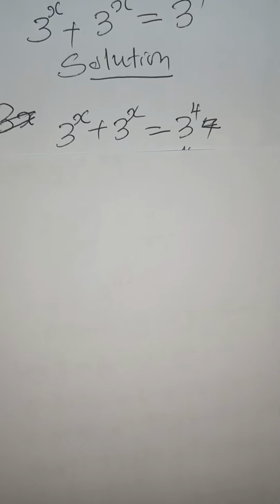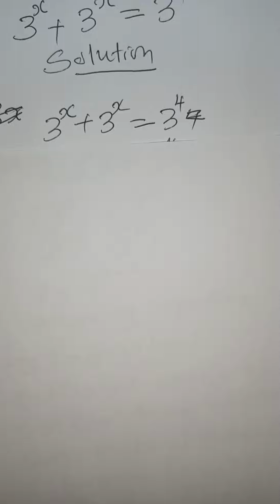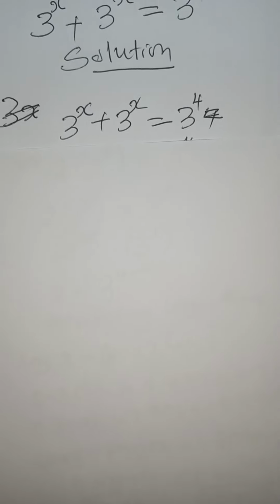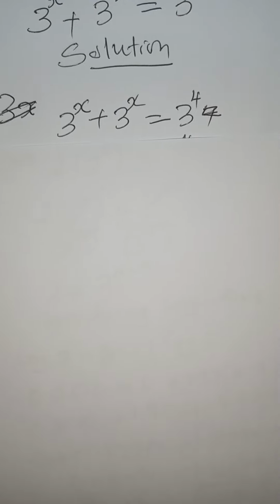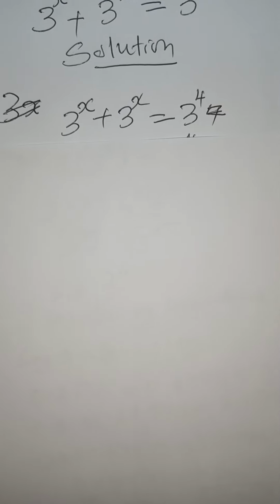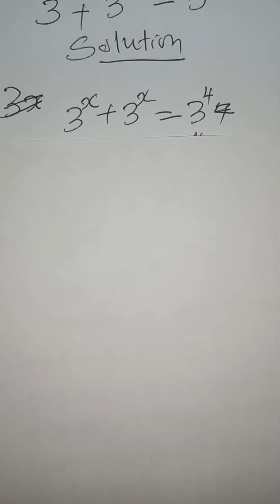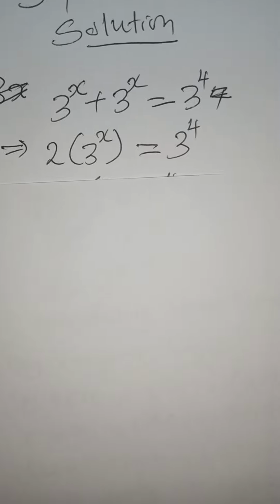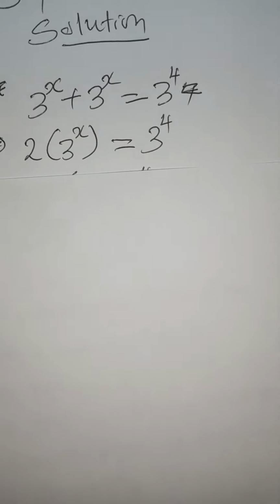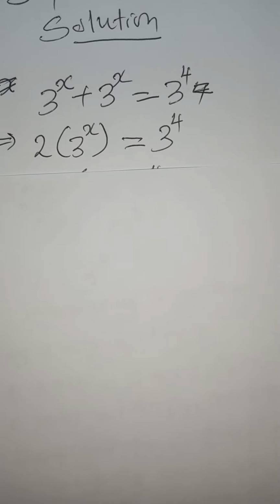So when you have 3 raised to power x plus 3 raised to power x, we can decide to do away with this addition sign by having a multiplication. So 3 raised to power x plus 3 raised to power x is the same as 3 raised to power x multiplied by 2. So then that will give us 2 into 3 raised to power x should therefore be equals to 3 raised to power 4.